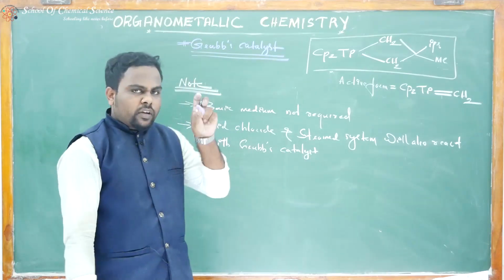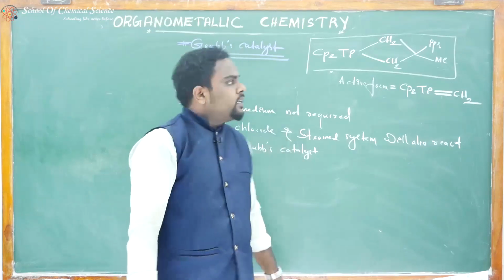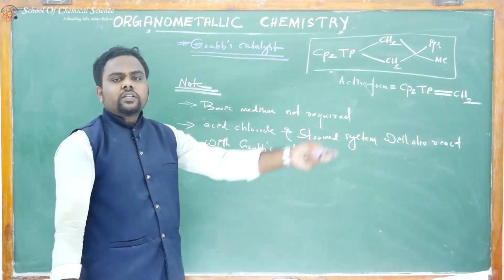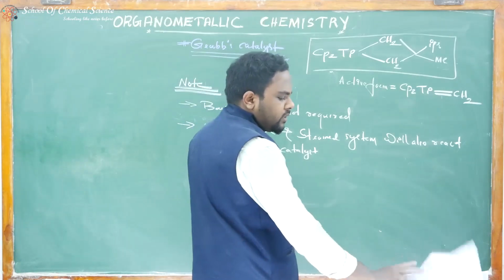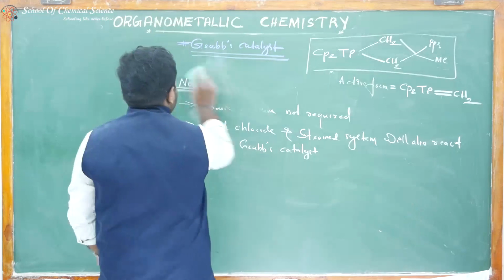So when an aldehyde, ketone, ester or amide reacts with Grubbs catalyst, the product will be similar to Tebbe's reagent. Then the third one, Petasis reagent.